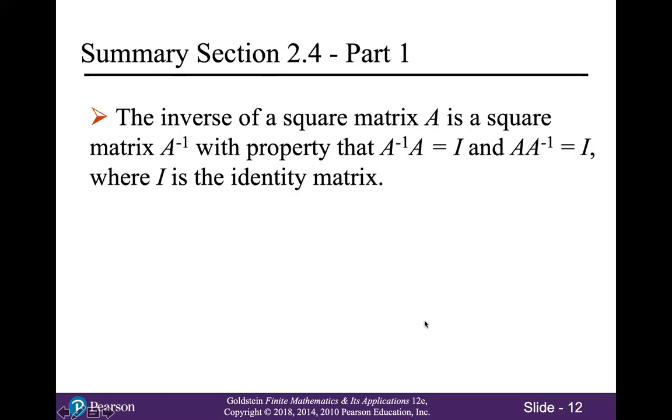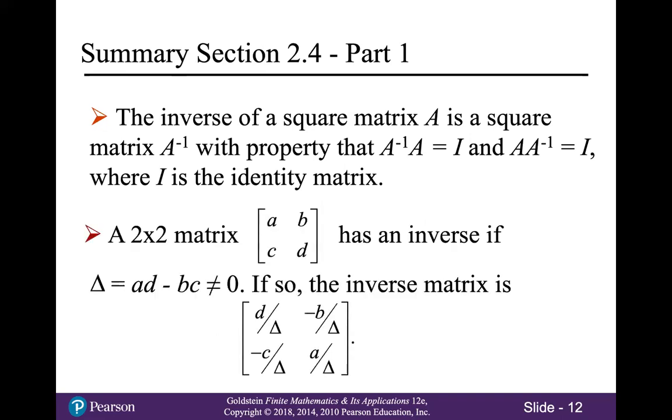Summary of this section: the inverse of a square matrix A is a square matrix A inverse with the property that A inverse times A and A times A inverse are both equal to the identity matrix. A 2x2 matrix A, B, C, D has an inverse if the determinant is not 0. Oh, and look, they've changed the notation again.